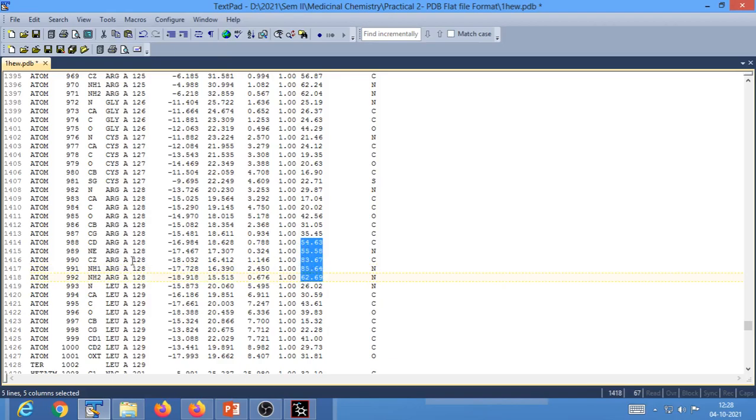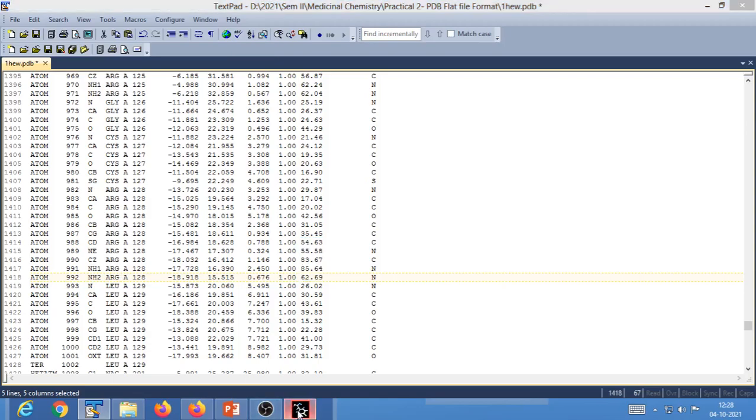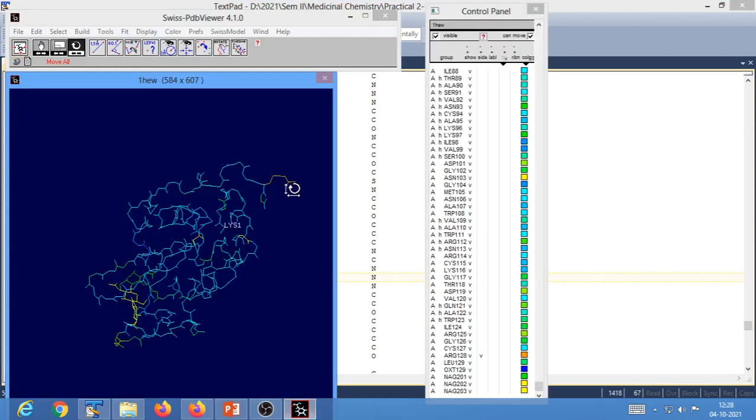The highest B factor is for this nitrogen atom from the guanidino group, 85, 83, right? And hence they are colored in the shade of red. Okay, so it can move quite fast. Since it is exposed to the solvent, this particular side chain is long and can wag around and interact with the surrounding water molecules. Therefore it has a higher B factor value.